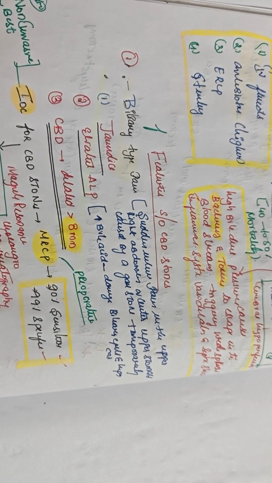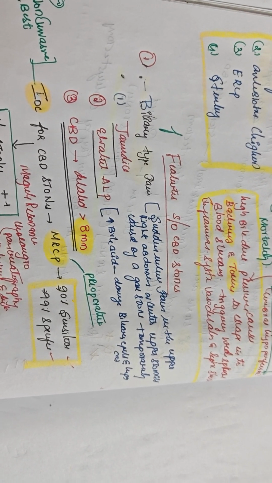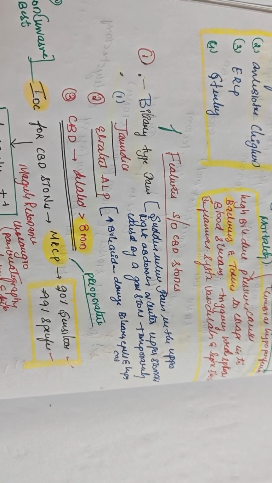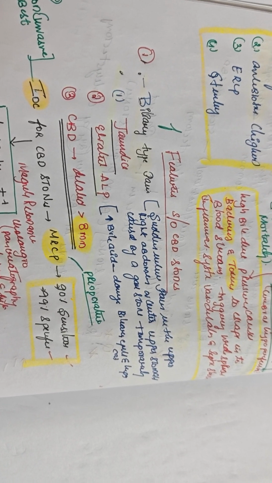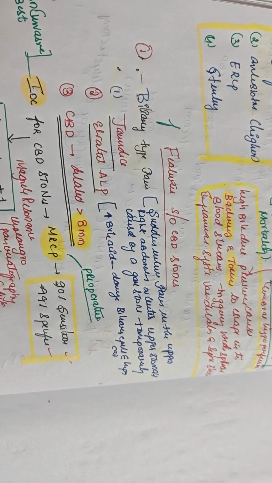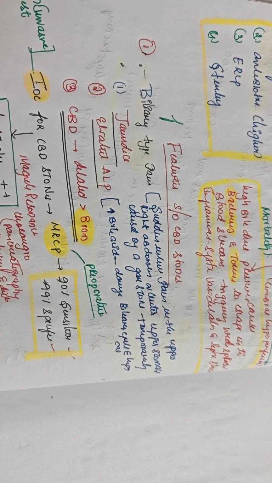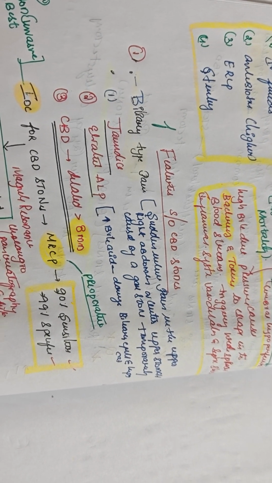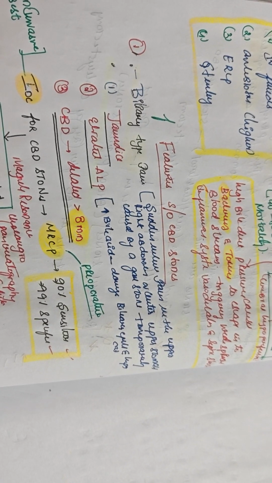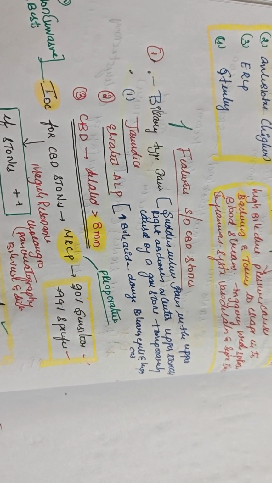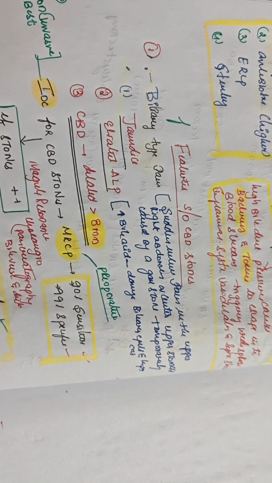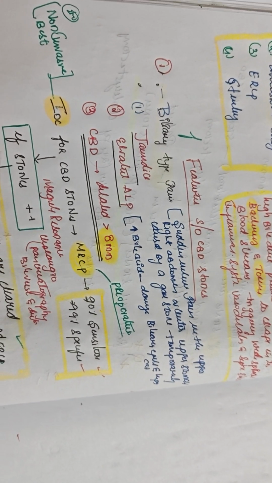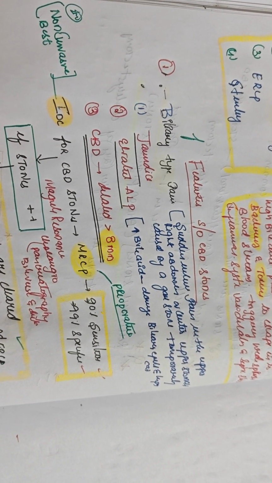And because of the stone, the patient has a jaundice here. The patient can have an elevated ALP. Why is it elevated? Because of the stasis. The bile acids damage the biliary epithelial cells, so that they increase the epithelium lining. So what happens? There is an increase in the ALP, alkaline phosphatase. Okay.